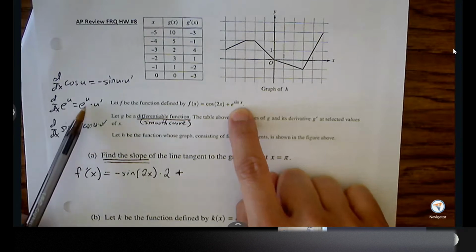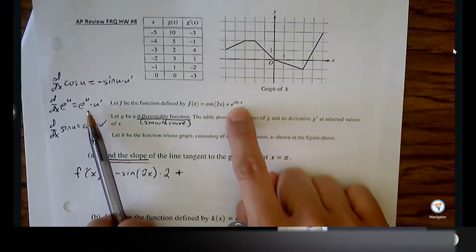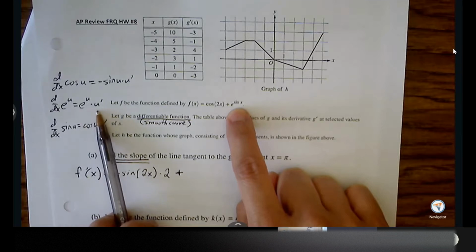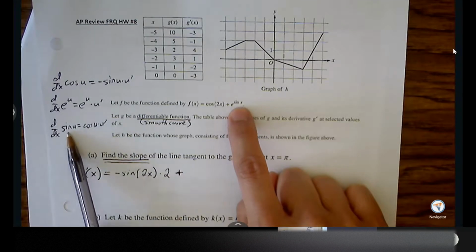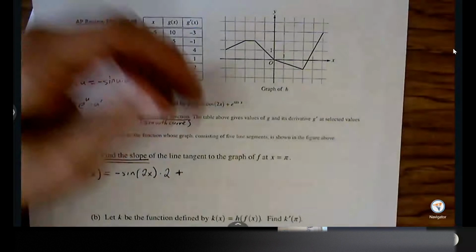Yeah, so I suppose we mix the two rules together. e to the u is part of the original function's derivative, so we copy that down exactly as we see it. But then we have to do u prime, which is asking for the exponent's derivative. The exponent is sine, so sine's derivative is cosine. That takes the place of this u prime here.